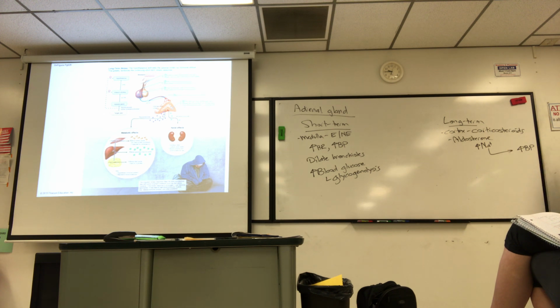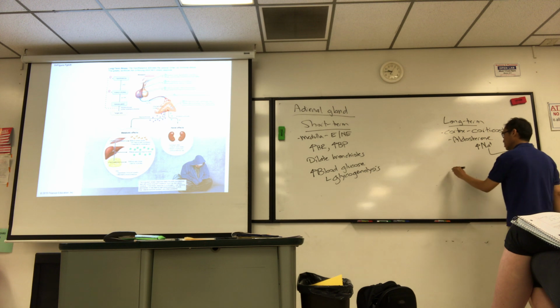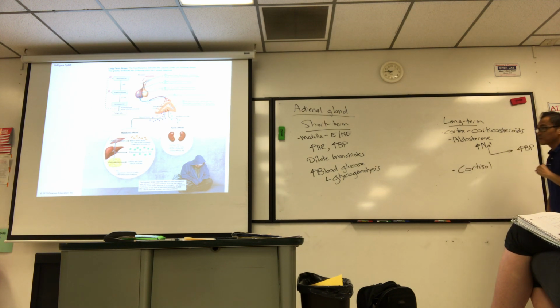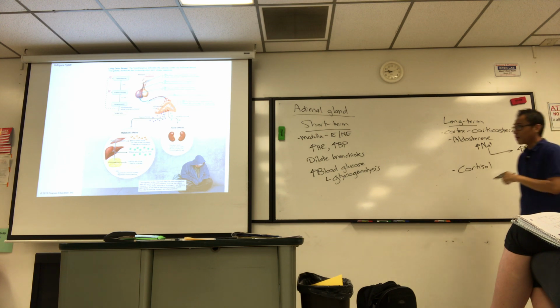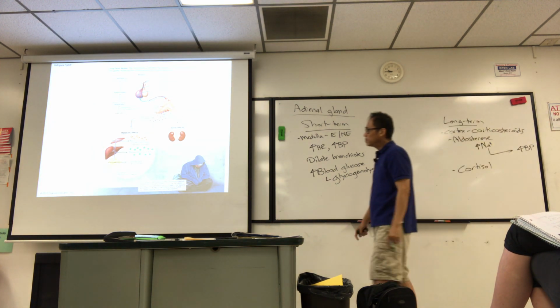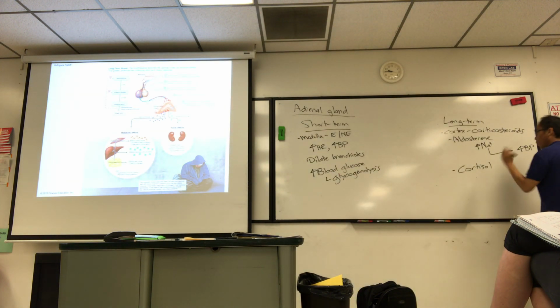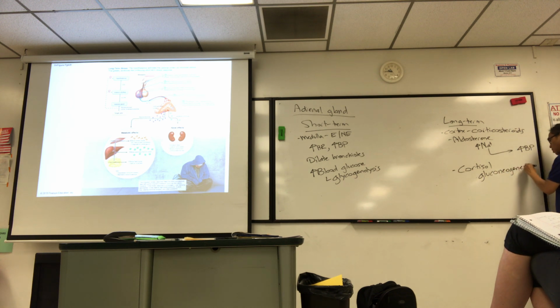The other major one is cortisol. And it increases glucose for the brain. You kind of see it over there. Let me go back over here. The word was gluconeogenesis. That'll increase blood glucose.